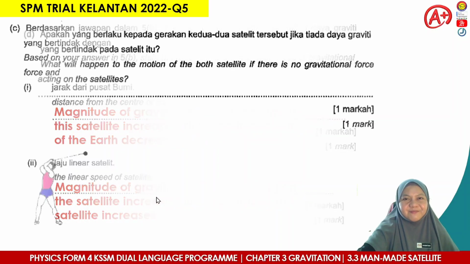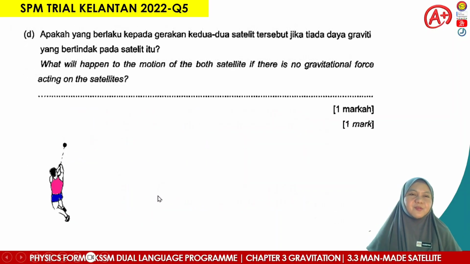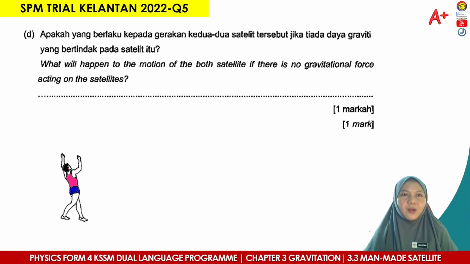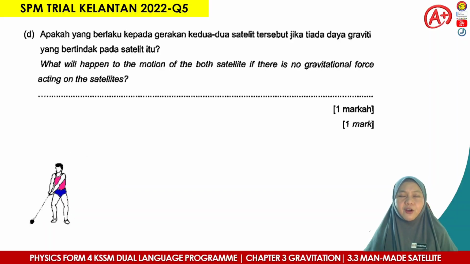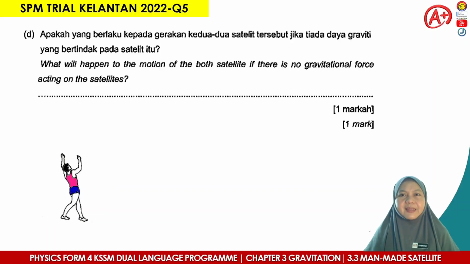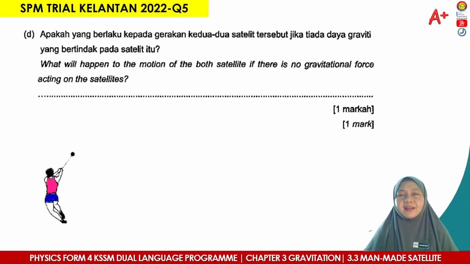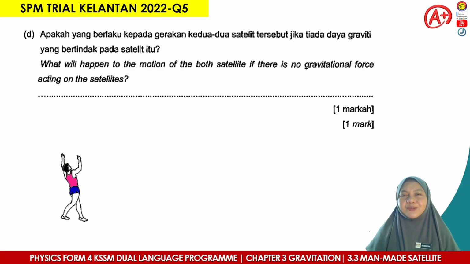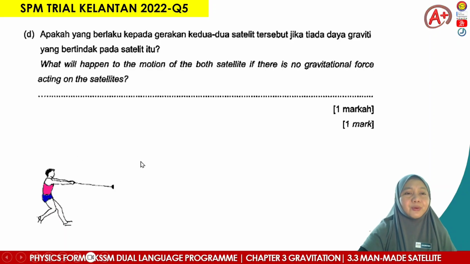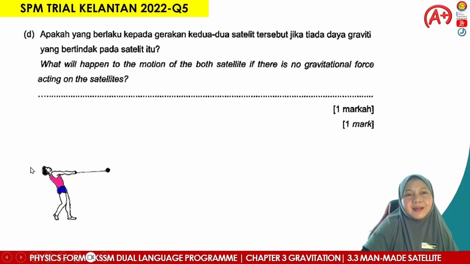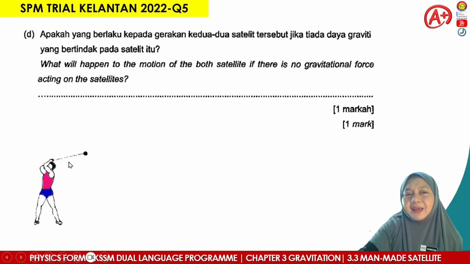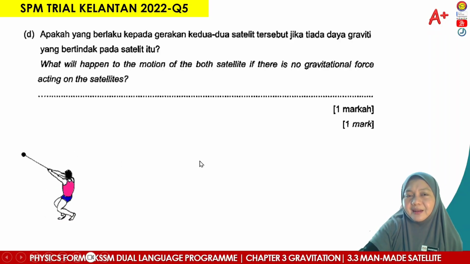Okay, next. This is an application. What do you think will happen to the motion of both satellites if there is no gravitational force acting on them? This one we can relate to the hammer throw event. What happens to the hammer if it is released from the athlete's hand?